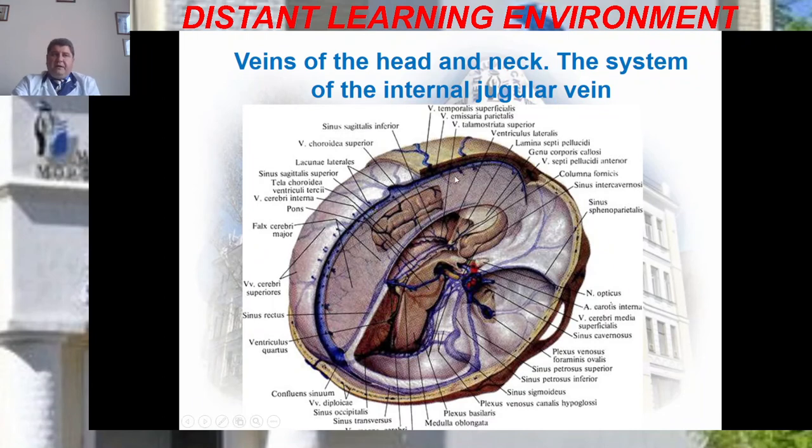This is important for understanding the features of these veins, because these veins have no muscle tunic, and fibrous connective tissue forms the wall of these veins, and they have a constant lumen inside them. Constant lumen. So you must know the sinuses.